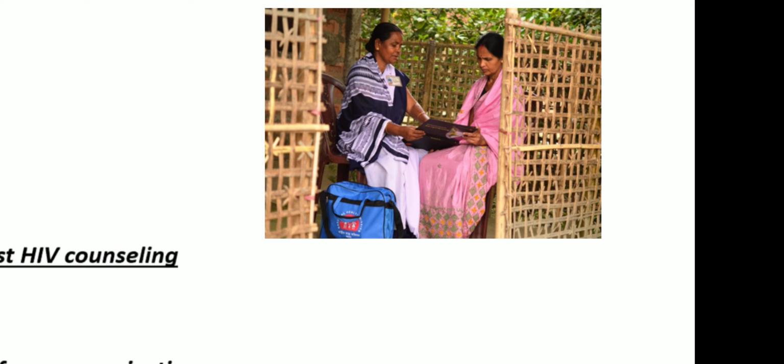The opportunity in this individual approach is that the people can exchange their ideas, they can discuss their problems, and also the doctor or the health worker can persuade, convince, motivate, and argue with the individual to change his or her behavior.